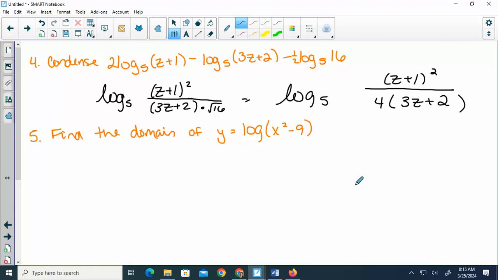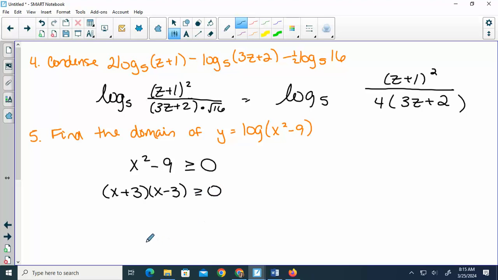Alright, that's fine. If I want the domain, what do we have to do? x squared minus 9 has to be, what'd you say? Greater than or equal to 0. Alright, this is a quadratic that factors into (x plus 3)(x minus 3).